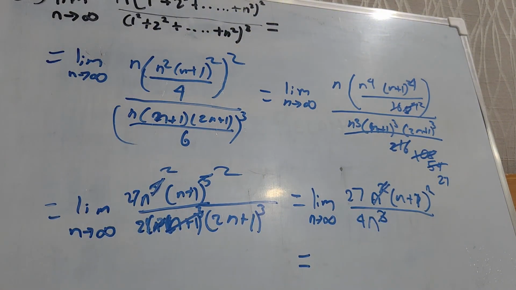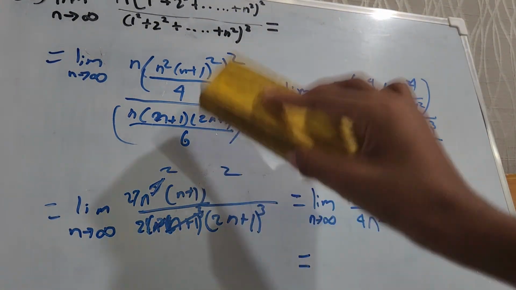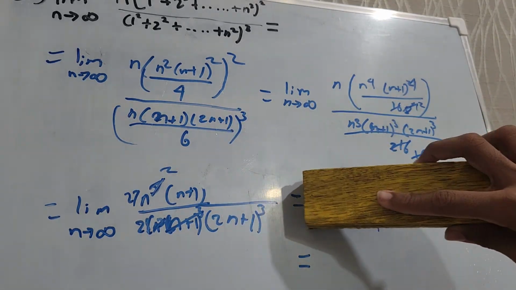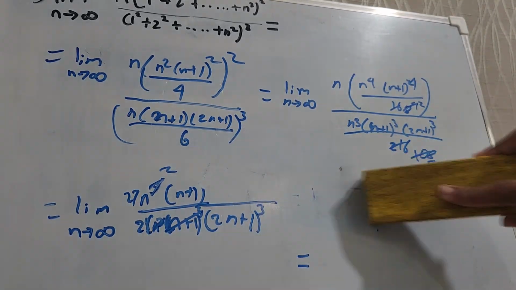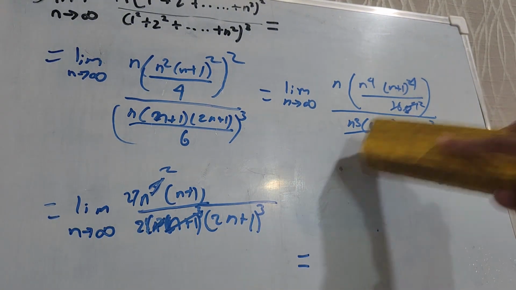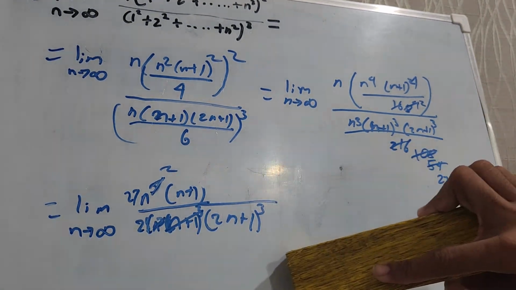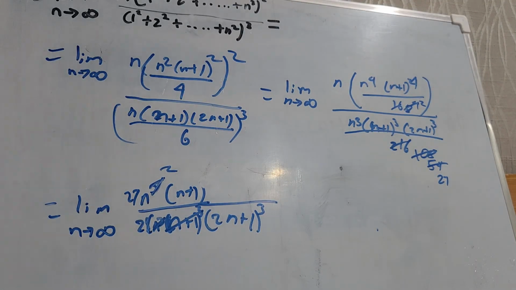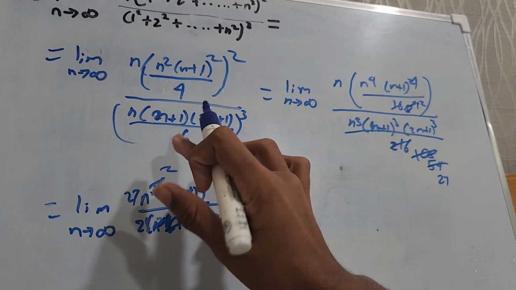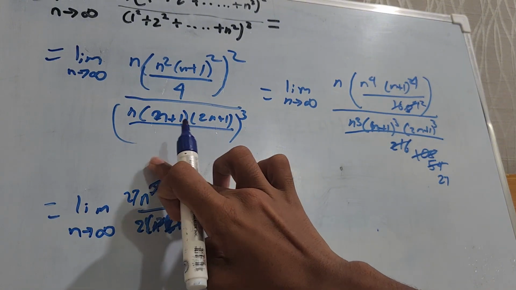So have you realized what we have done here? Over here, we made a mistake. We just erased this fully because we were multiplying n inside, so this will become n cube, right?